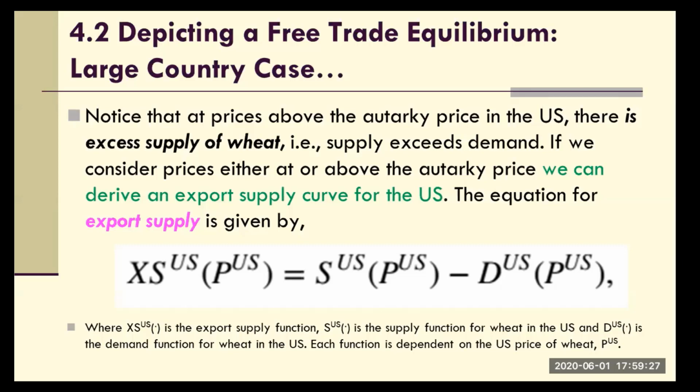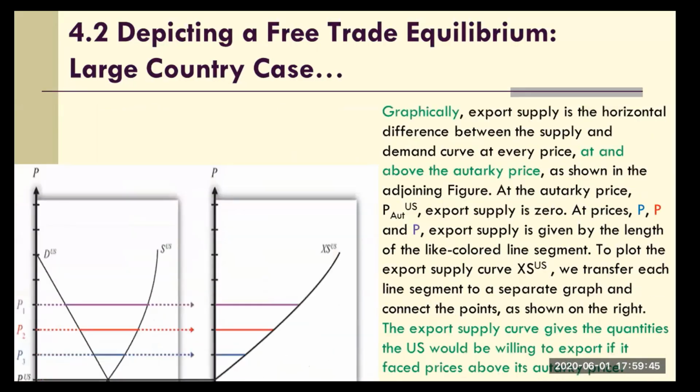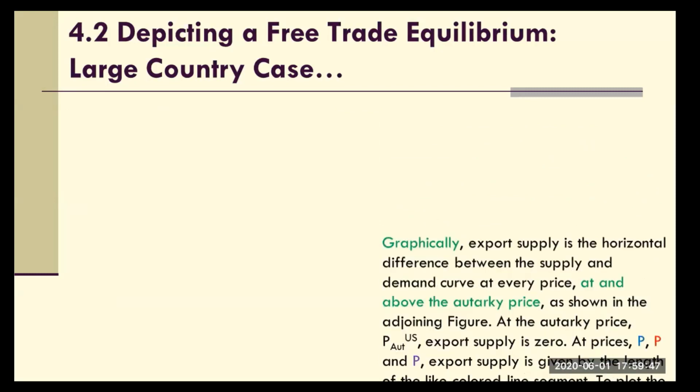So from this, the export amount is the excess of supply over demand within the US. This is an explanation of the mathematical equation.